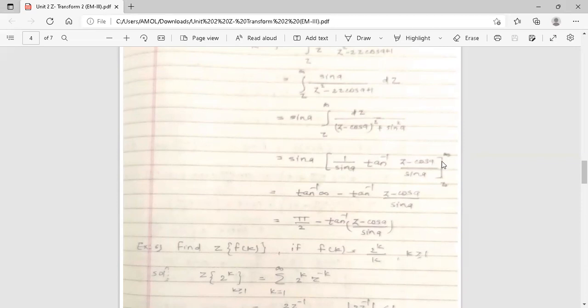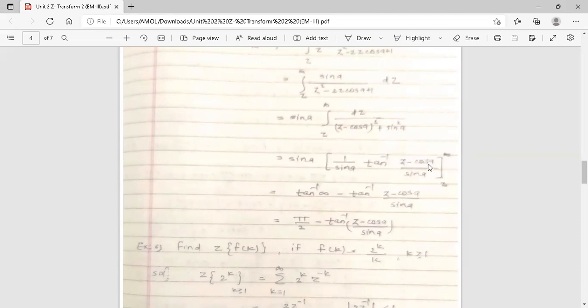Now put the upper limit infinity. Here the sin a into 1 upon sin a gets cancelled. If you put z equal to infinity, it is tan inverse infinity, minus tan inverse at the lower limit, replacing z by z.